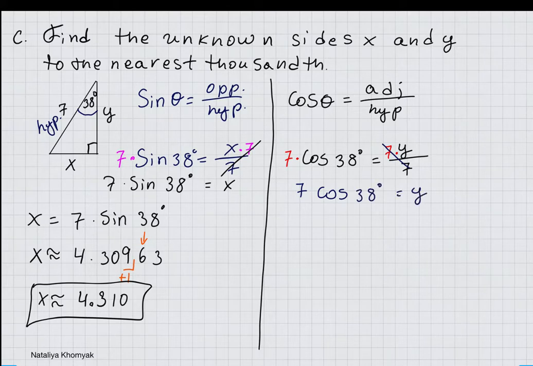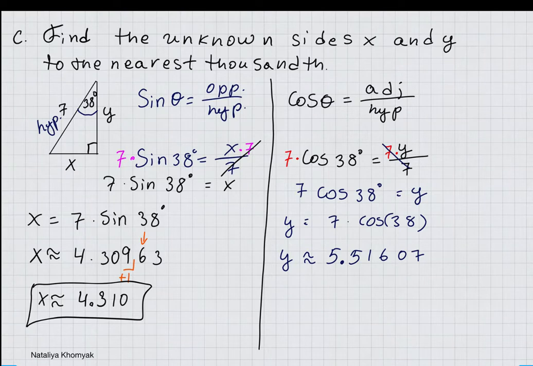This is when your scientific calculator comes in handy, because you want to put 7 times cosine of 38, and I get roughly 5.516075, but since we only need 3 decimal places, I'm going to stop now.